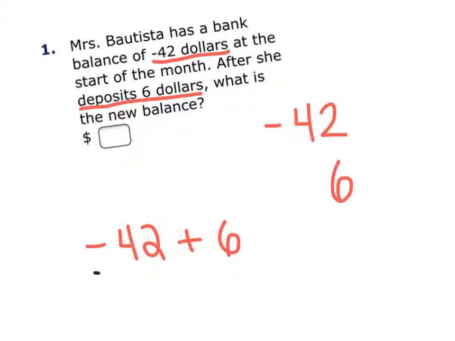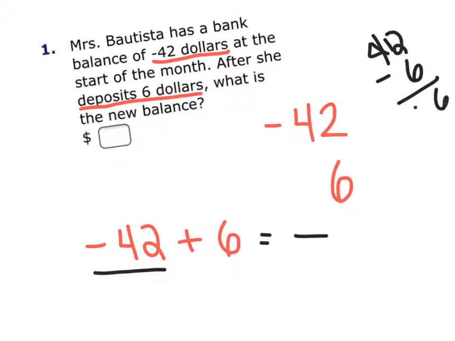The greater absolute value goes with the negative sign, so I know my answer is going to be negative. And if I do the subtraction problem, 42 subtract 6, I would end up with $36 as the balance. But remember, that's a negative $36 because Mrs. Bautista started with negative $42 at the beginning of the month.